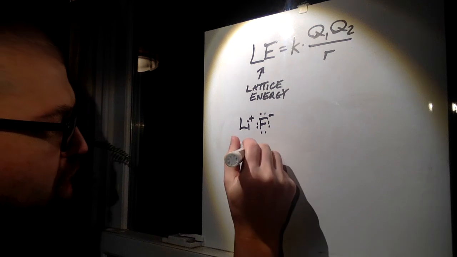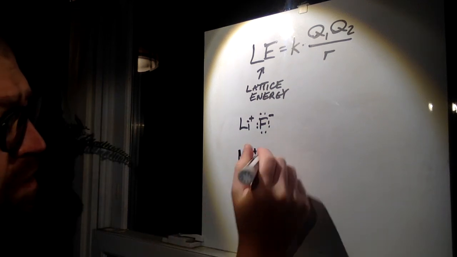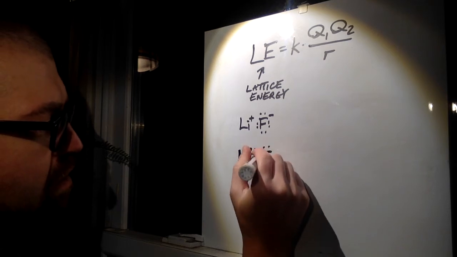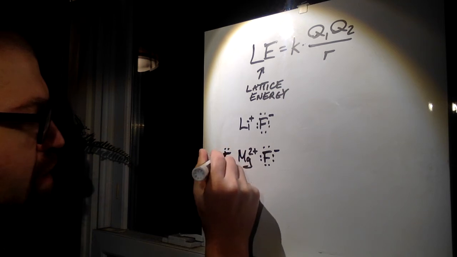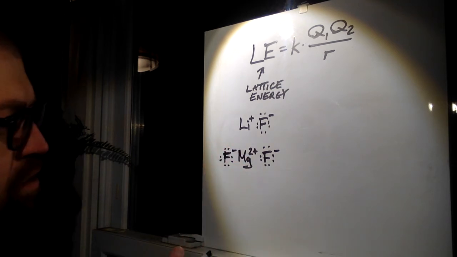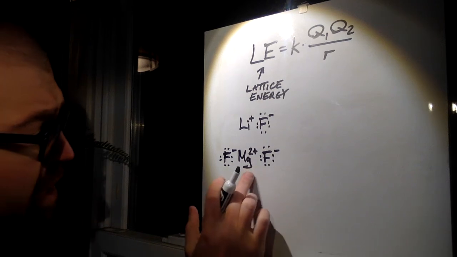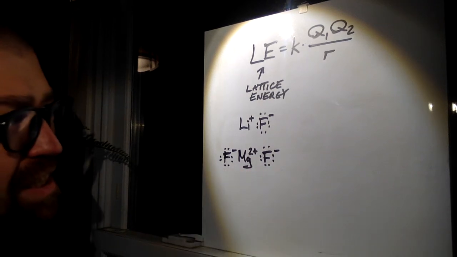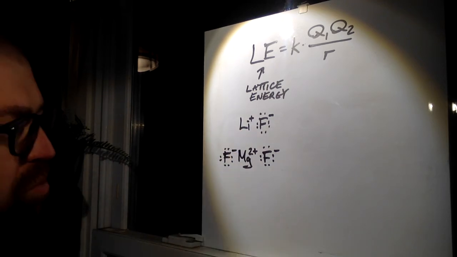Magnesium would have a 2+ charge, but that would mean that we'd need 2 fluoride ions for every 1 magnesium.